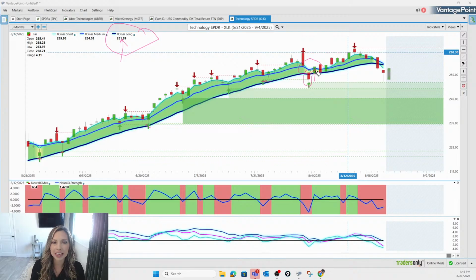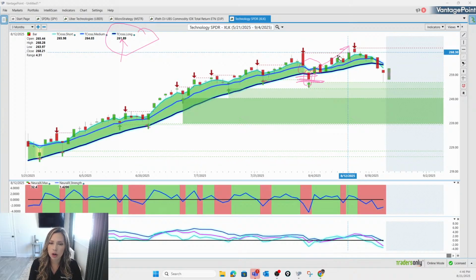Back above that T-cross long line. And we can see the resumption of this bullish trend. That tells us right here that this support level is strong, the T-cross long level is strong, and the bullish trend is strong as well.